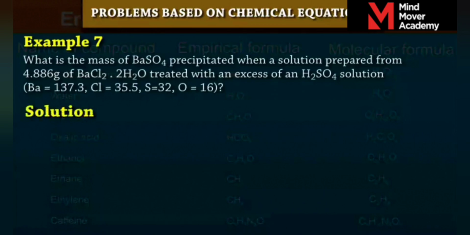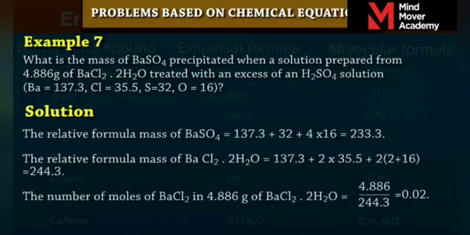Let's solve this. The relative formula mass of barium sulfate is equal to 137.3 for barium plus 32 for sulfur plus 4 into 16 for oxygen. This comes as 233.3.